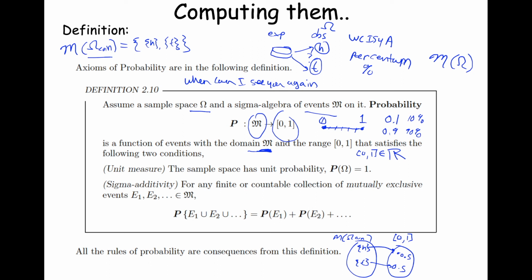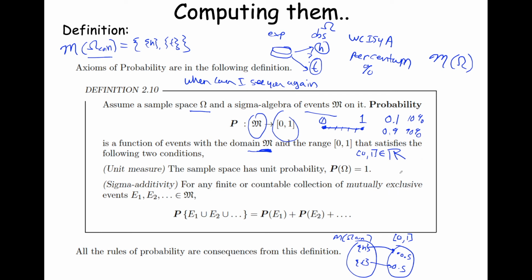Now, this function P, or probability, has to satisfy the following properties. In order to be a probability, yes, you assign proportions per centum to the possible combinations from your sigma algebra, but you also have to satisfy the following properties.